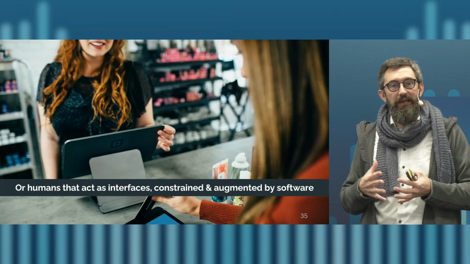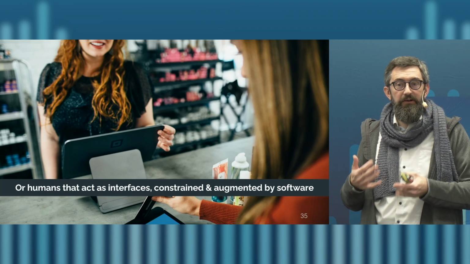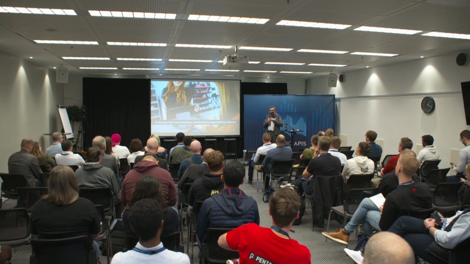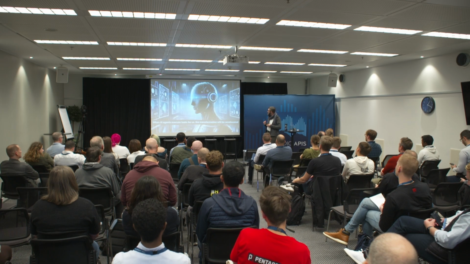Or every human interface out there is becoming constrained through digital interfaces that are facilitating their jobs and helping them do the job according to the procedure, in a way that is going to cost less back and forth when something is wrong or certain information is missing.